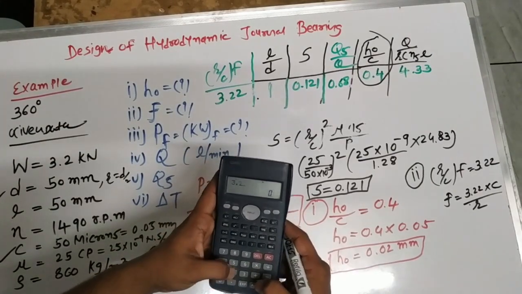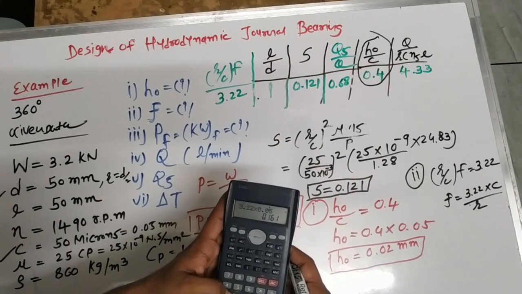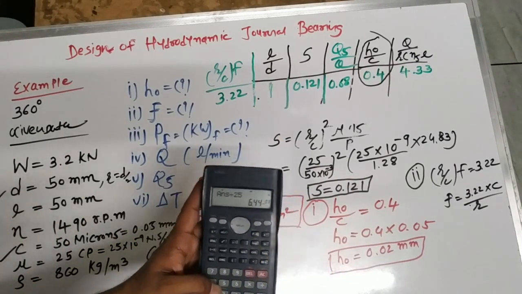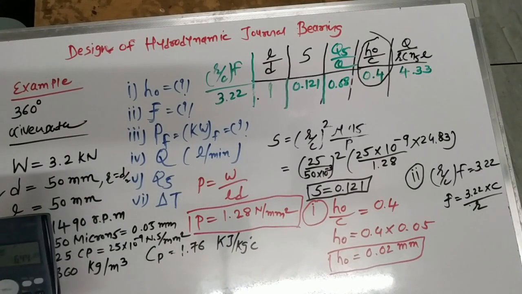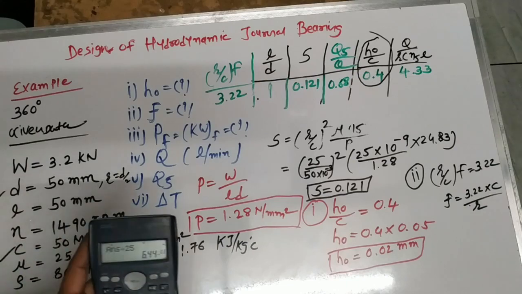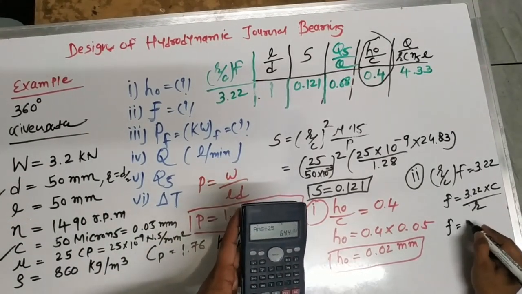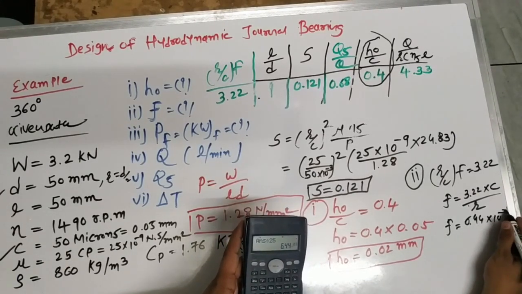So 3.22 into 0.05 mm divided by R, where R is basically 25. The answer is 6.44 into 10 raised to minus 3, right? It is the same, I think, as we have seen here. 6.44 into 10 raised to minus 3.